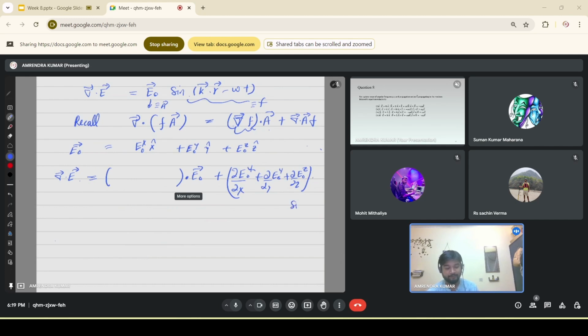f is nothing but sine of k dot r minus omega t, and here it's E naught into the del of f, and the del of f is given as i del over del x f plus j del over del y f plus k del over del z f. So that means here we have to calculate this.